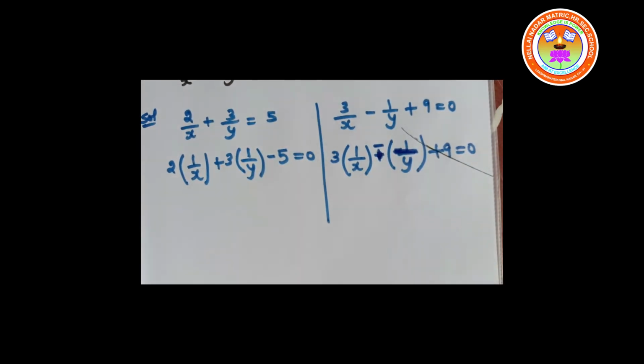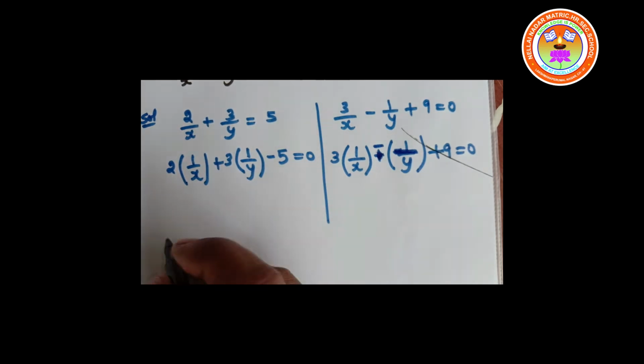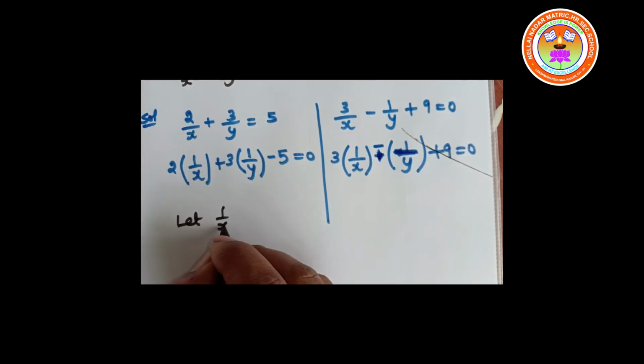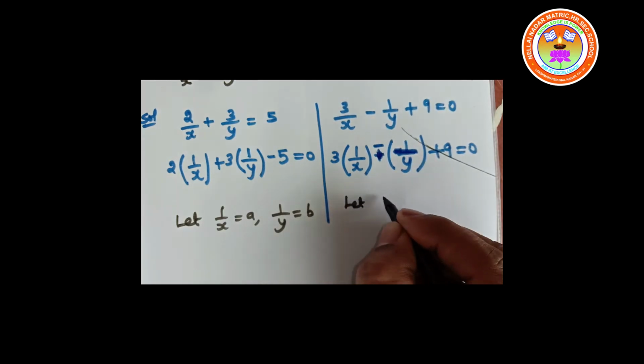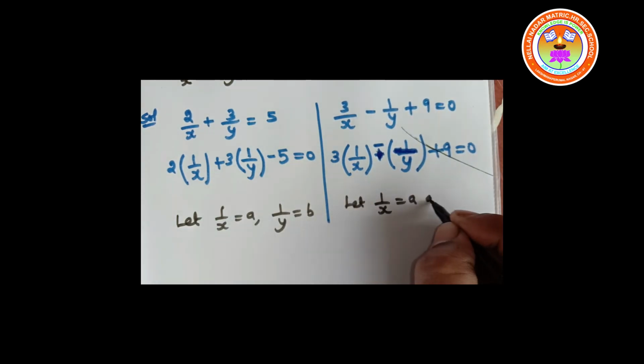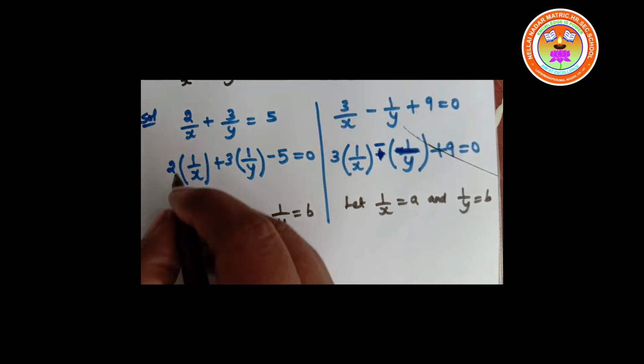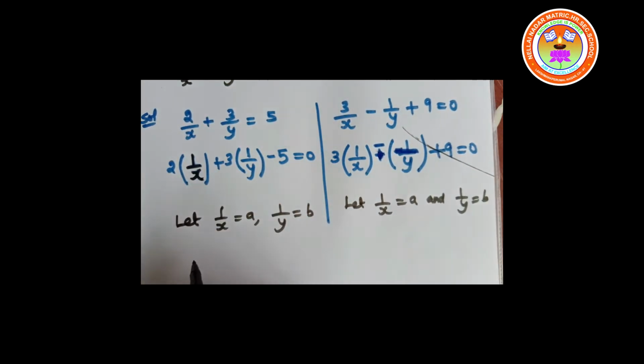Now let 1 by x equal to a, 1 by y equal to b. So wherever 1 by x is there, you can make it as a, that is 2a. Is it clear, children? 2a, right?